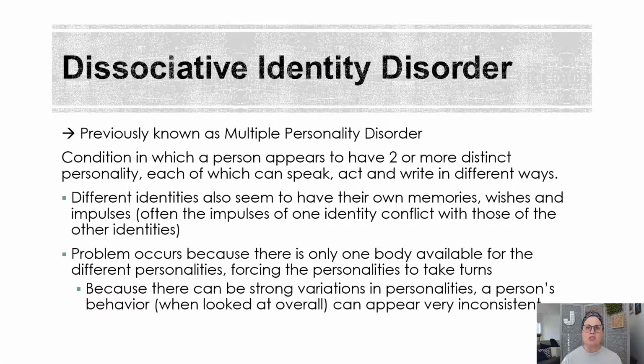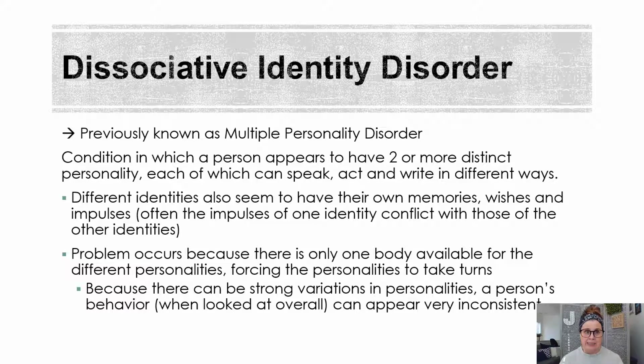So when we talk about dissociative disorders, the most common one that we are going to focus on is called dissociative identity disorder, most commonly known as DID. It makes it much easier to say. Many people will still refer to it by the former name, multiple personality disorder.